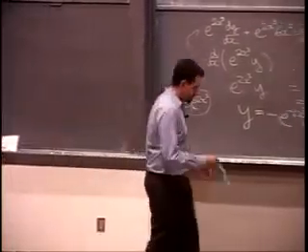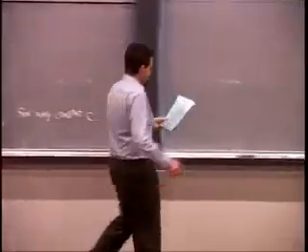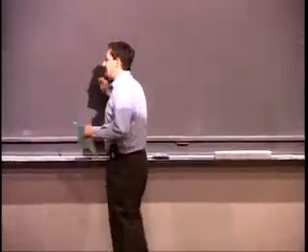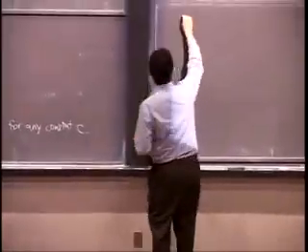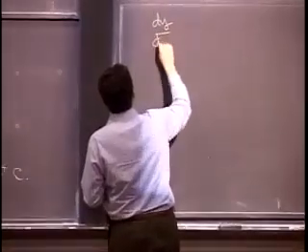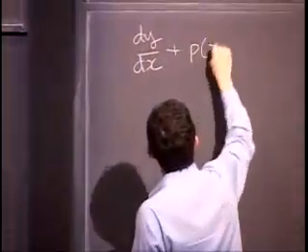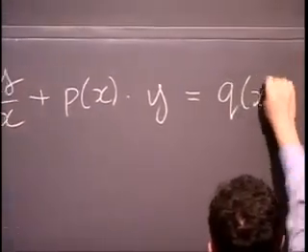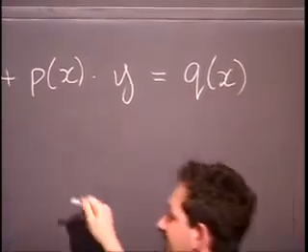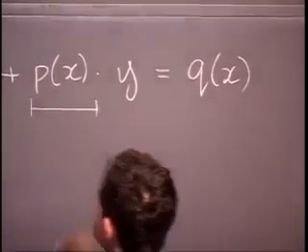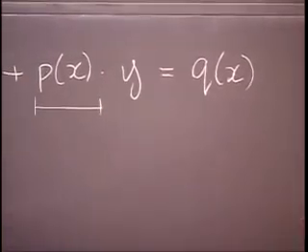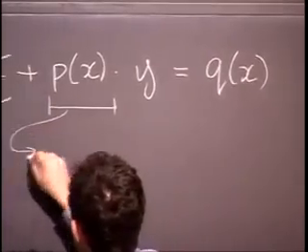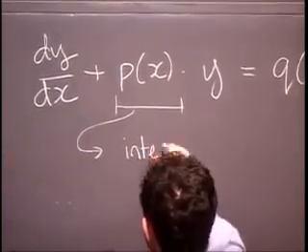All right. So, here is the general idea. If you have an equation that you can rearrange into this general form, dy dx plus p of x times y equals q of x, what you do is you grab this little object here, p of x, so that's the x stuff sitting outside of the y, and you form what's called an integrating factor.